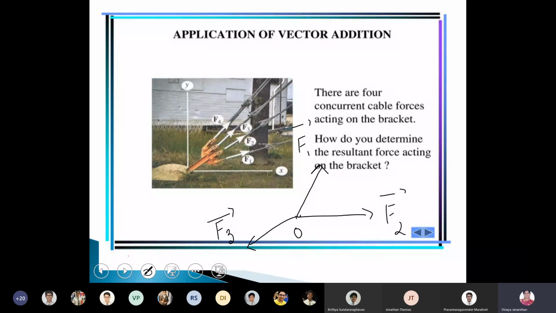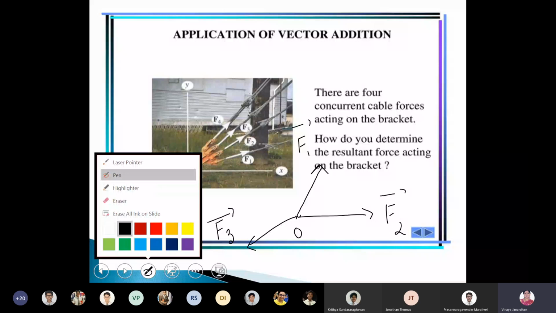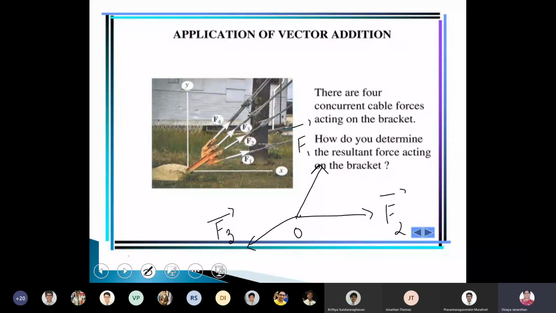Let me take these two forces, F1 and F2, and find their resultant. I'm taking these concurrent forces F1, F2, and F3, all acting at a common point O. So let me find the resultant of F1 and F2, say F4.